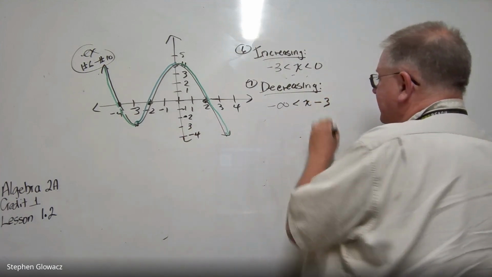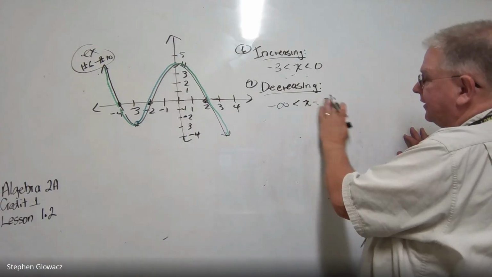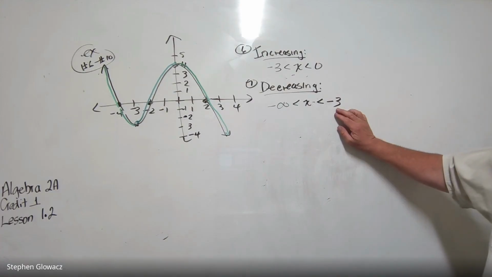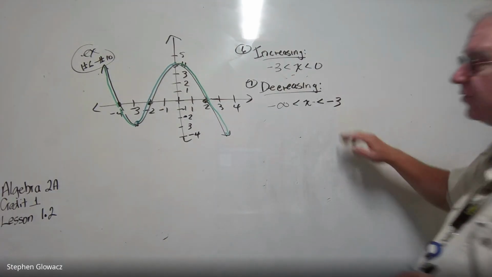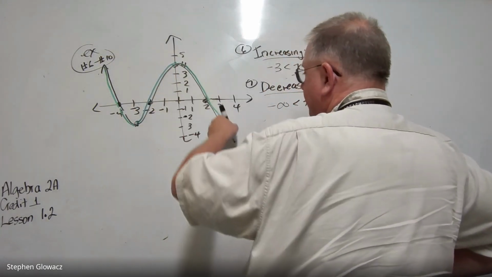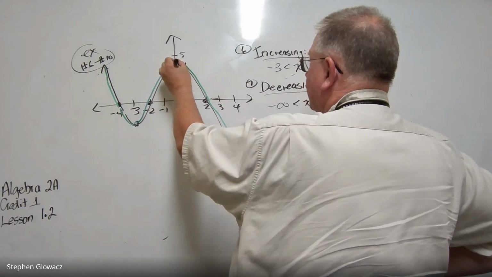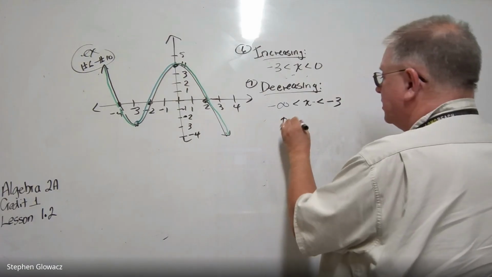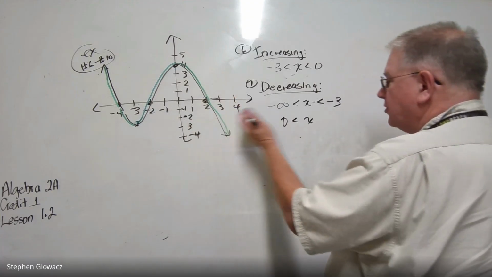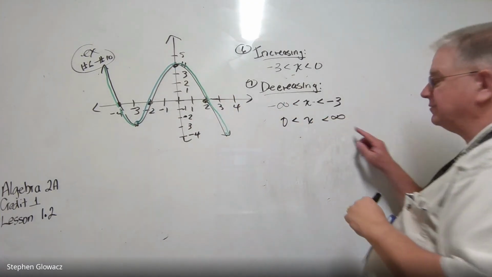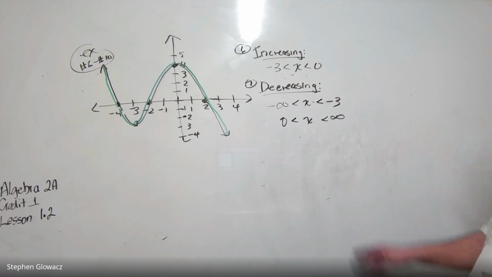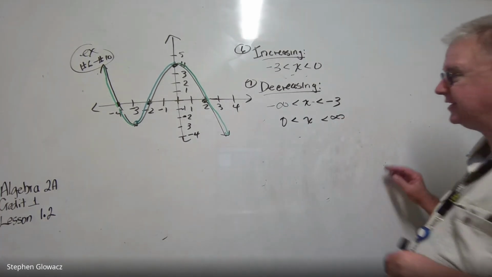So from -infinity to, whoops, forgot the inequality there, to -3, the graph is decreasing. And then the other interval, so after we decrease, we increase, and then we start decreasing again. That would start here at 0 and continue out, we're going down, but also out to infinity. So from 0 to positive infinity would be the other interval on which the graph is decreasing.